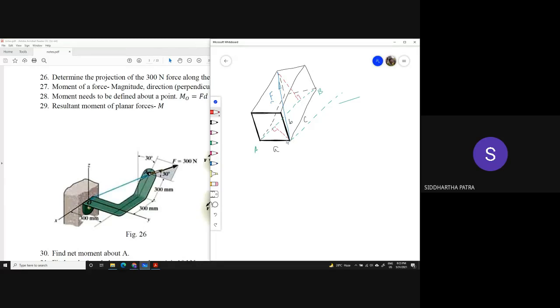And since I can get a projection, the dot product is also defined. So when I do not have the exact line, I'll take a parallel line, and I can take the dot product there.